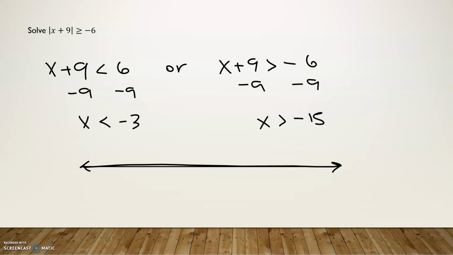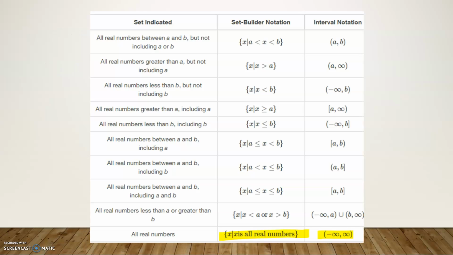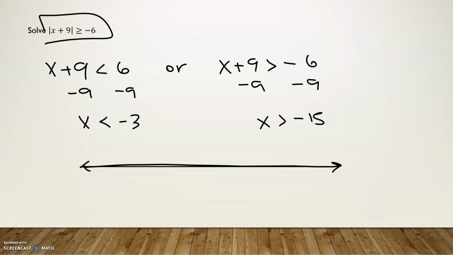So for set builder notation, we'll go back to the very beginning. We're looking at the bottom here again. X such that x is all real numbers, or for interval notation, you go from negative infinity to positive infinity. That basically says any value of x you plug into this inequality right here, it's going to be true.